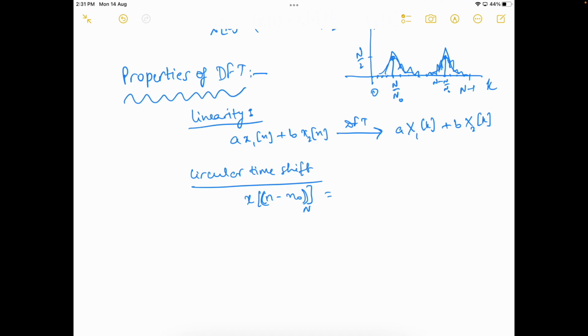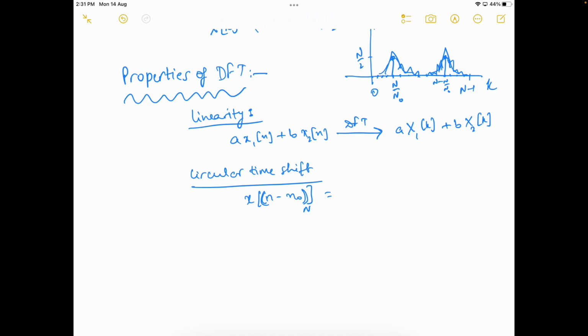When I move x somewhere here, let's say this is my window, whatever part has gone out will come back in from here. And this comes from the theory of DFT. When we derive DFT from general Fourier transforms like DTFT, these properties naturally come.